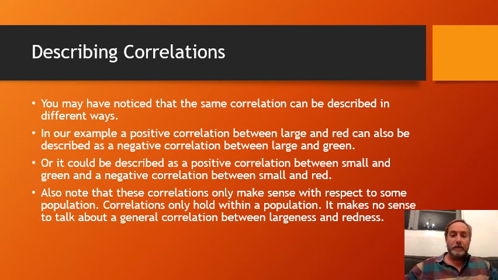Another thing to point out: the whole sense of having a correlation only makes sense with respect to some population. When you're asking if a correlation holds, you're asking if it holds within a population. So it doesn't make sense to talk in general about whether there's a correlation between largeness and redness as just properties. You only ask among some group of things whether the large ones and the red ones tend to go together.